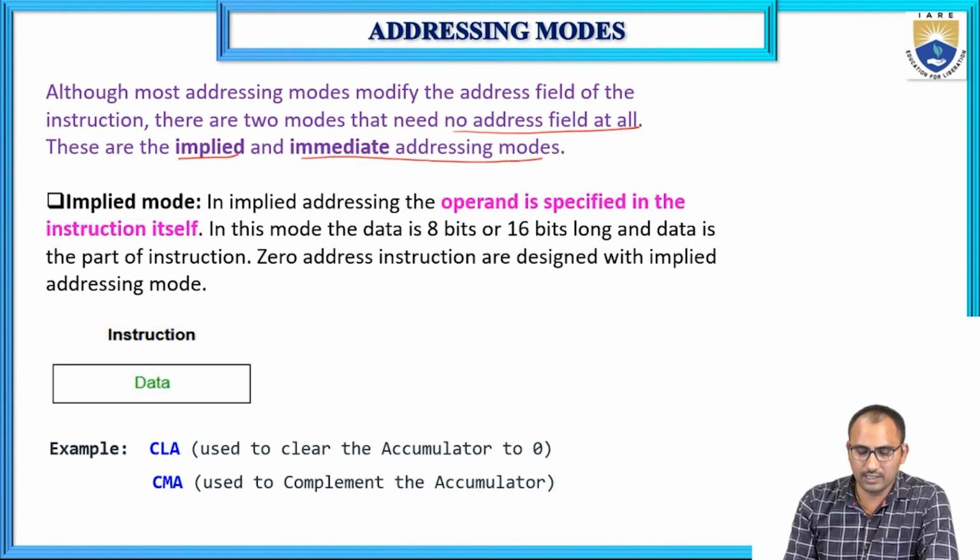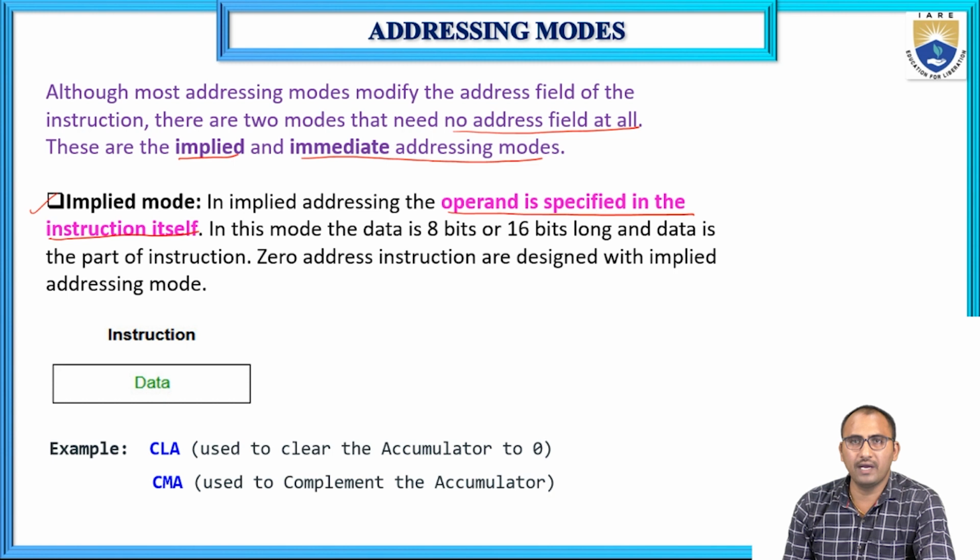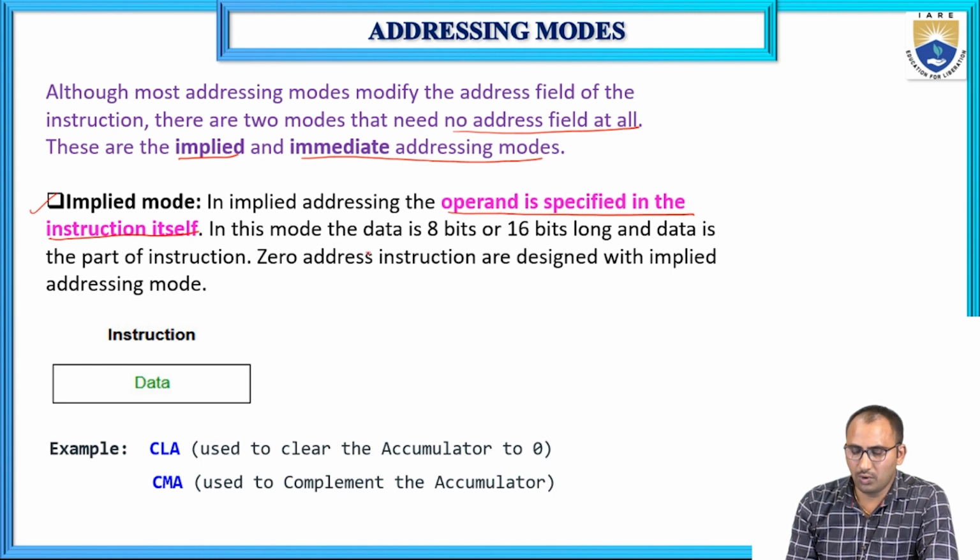The first one is implied addressing mode. What is implied addressing mode? In implied addressing mode, the operand is specified in the instruction itself, along with the instruction. In this mode, the data is 8-bit or 16-bit long, and the data is part of the instruction.